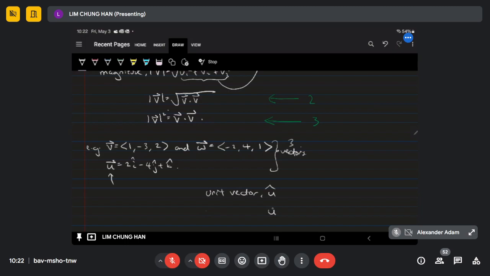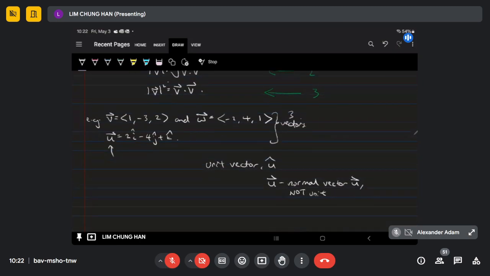If the sign is like that, this is just a normal vector U. So this is not a unit vector. It's only a unit vector if it has the roof on top. All right.